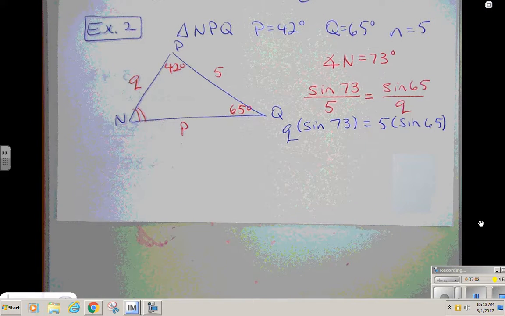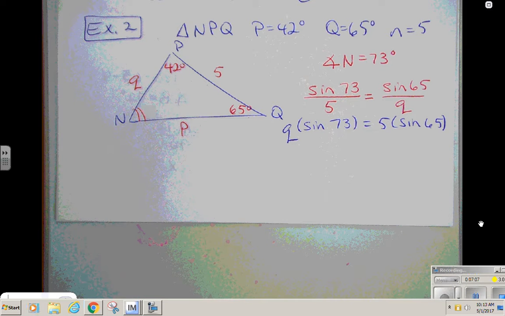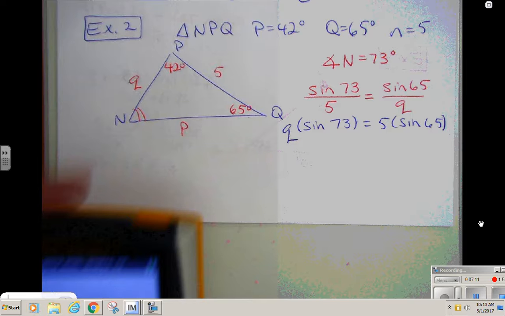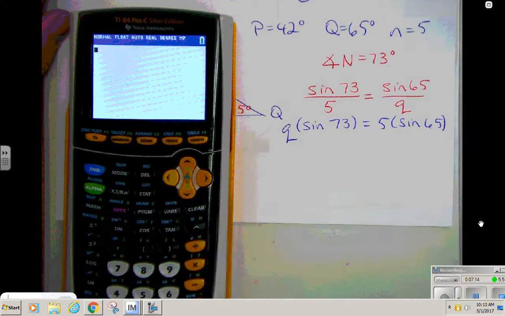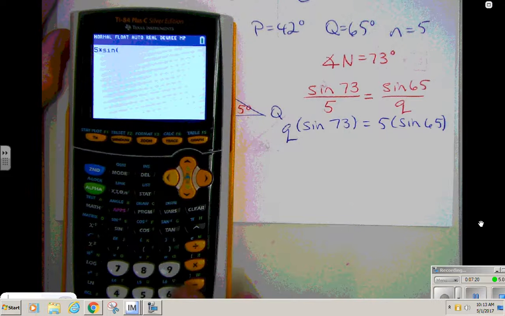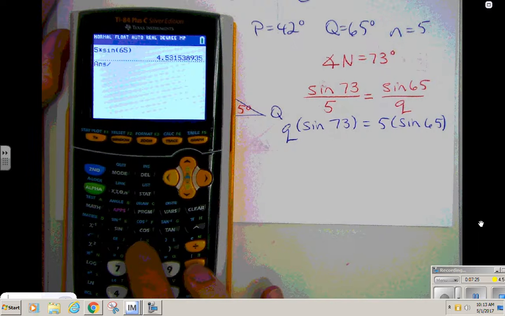And I'm just going to calculate it out. It doesn't say what to round to, but for the side measurements, I'm going to round to the nearest tenth. We got 5 times sine of 65. And I'm going to take that decimal, divide by sine of 73.